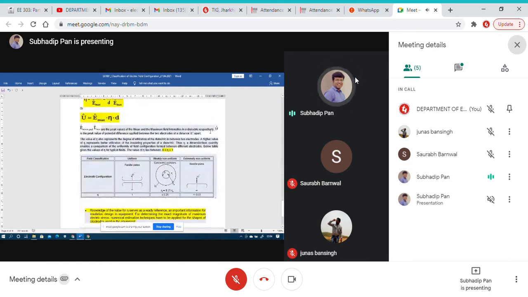Now this point is very important. The value of this mu also represents the degree of utilization. We have already heard about the utilization of electric power, and both these things are interconnected with each other, right? So the value of mu also represents the degree of utilization of the dielectrics between the two electrodes.